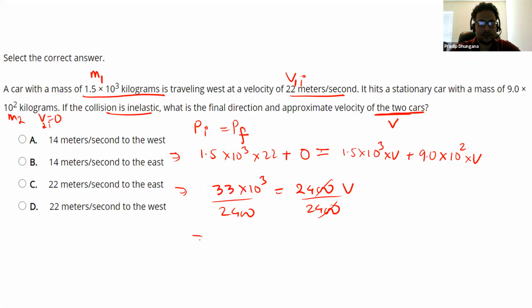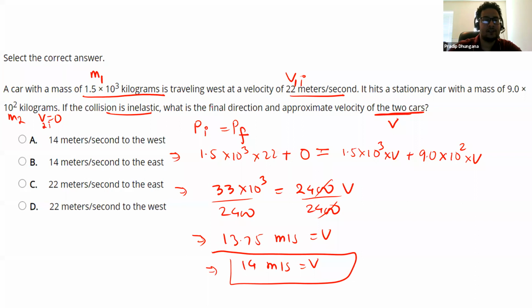Cancel. So velocity is, let me check my answer here, around 13.75 meters per second. That is the velocity. If we round it, we'll get 14 meters per second is the velocity.